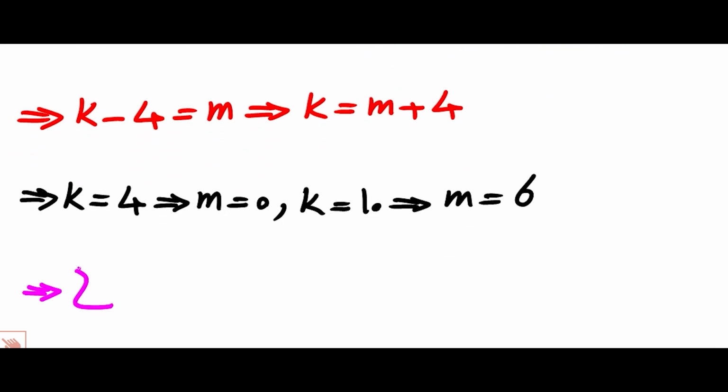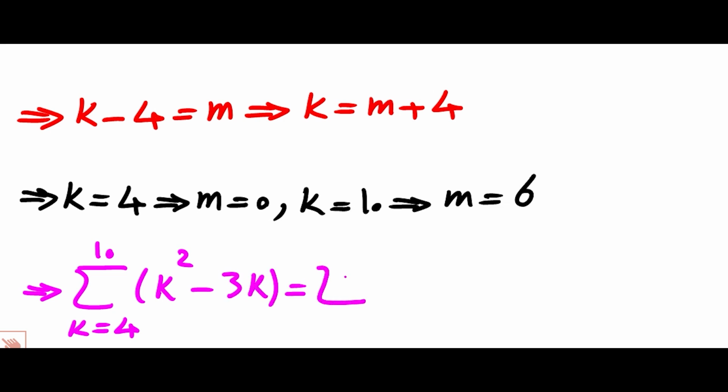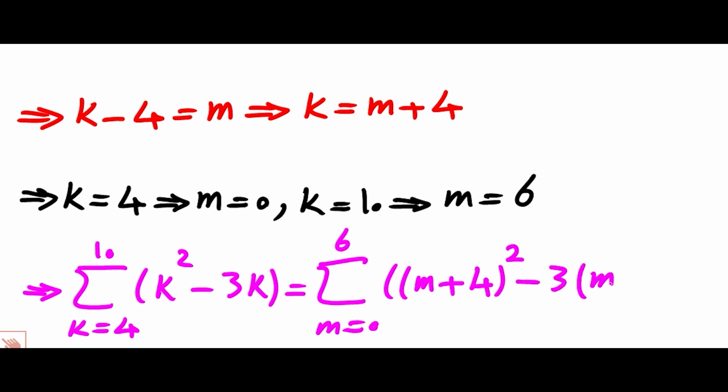So the sum of k equals 4 to 10 of k squared minus 3k becomes the sum of m equals 0 to 6, with k equals m plus 4. So we have (m plus 4) whole squared minus 3 times (m plus 4).